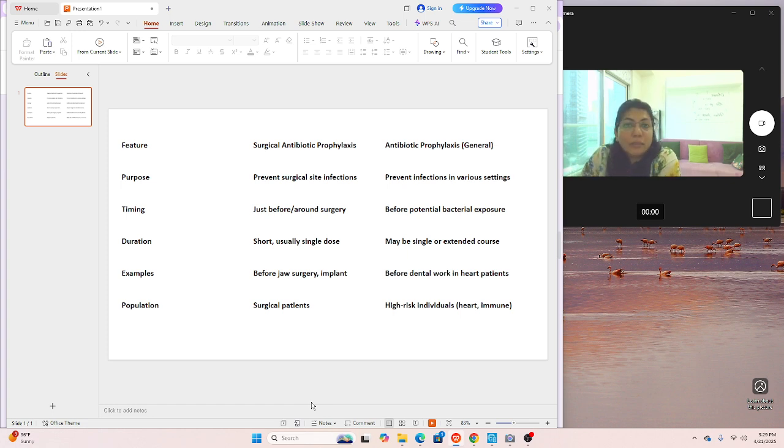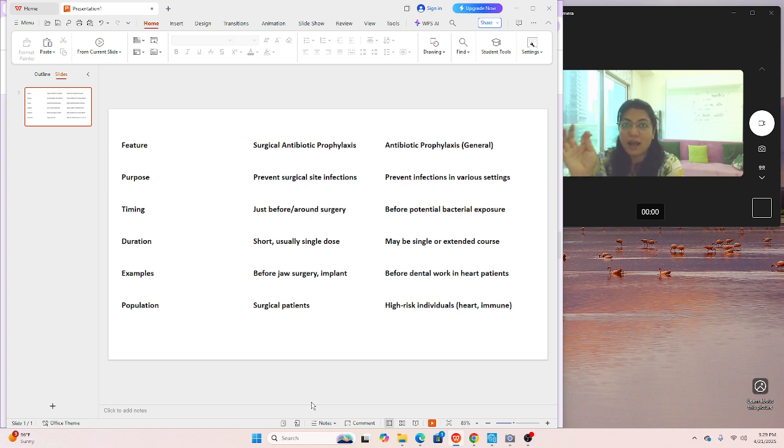A simple good example: if a healthy patient comes to you for scaling, would you give prophylaxis? Antibiotic prophylaxis. Did I use the word surgical? I just used the word antibiotic prophylaxis. In a healthy patient, you would not give. But if a patient with infective endocarditis comes, would you give? Yes.